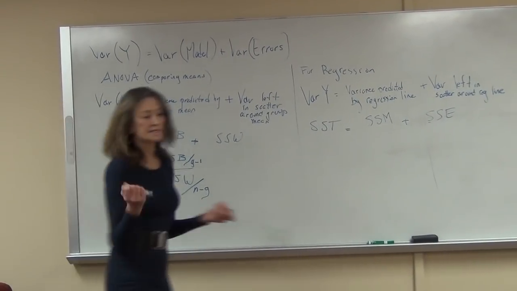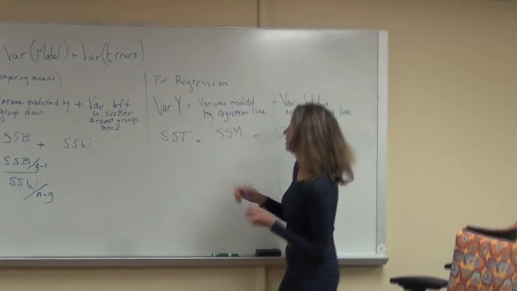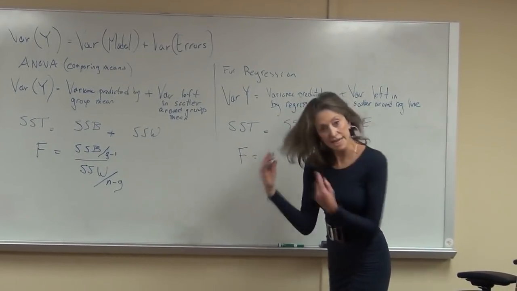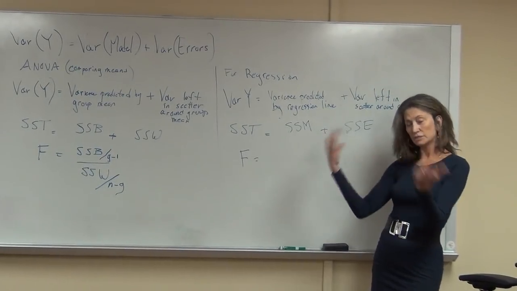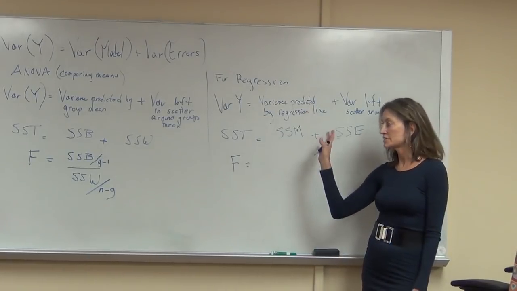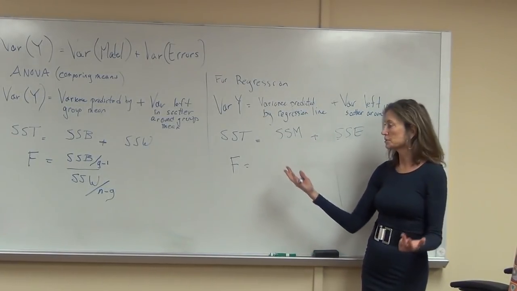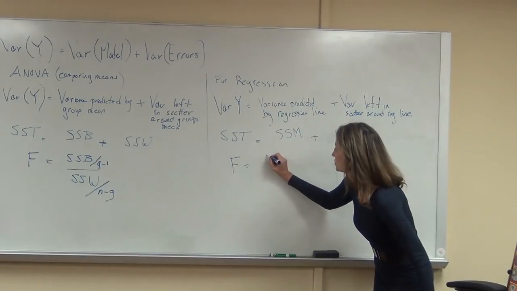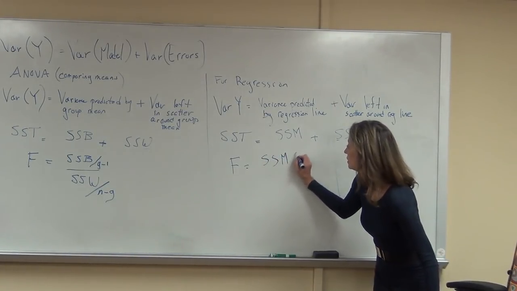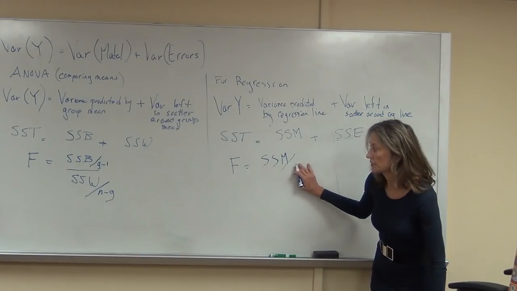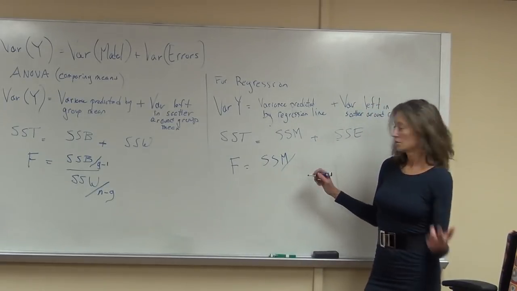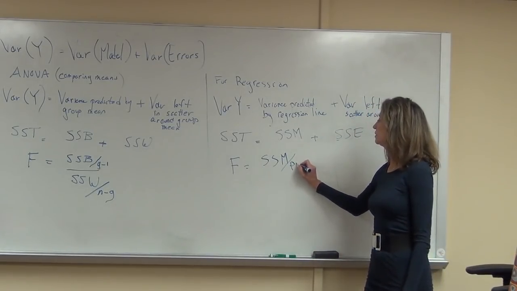So we're going to do exactly the same thing here. We're going to develop an F statistic, a test statistic, to test the collective effect of our regression model, of all the slopes in it. Here we only have a single slope, but you could have multiple slopes. It's going to be sum of squares for the model divided by its degrees of freedom, which is, instead of the number of groups, the number of parameters in the model.